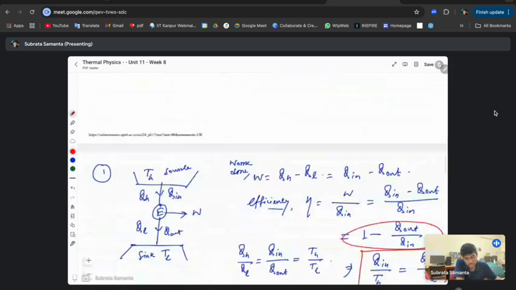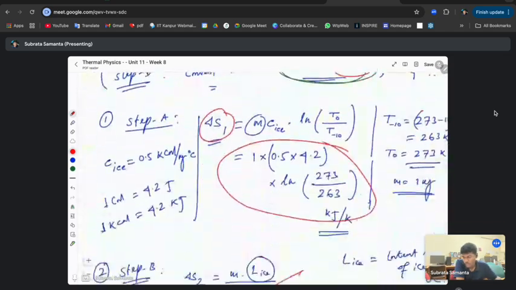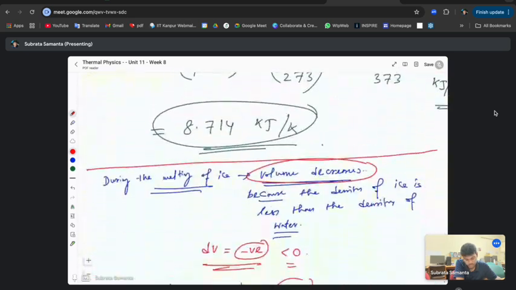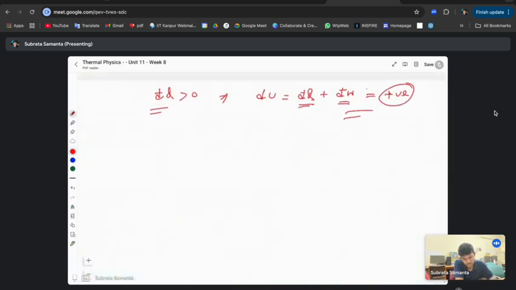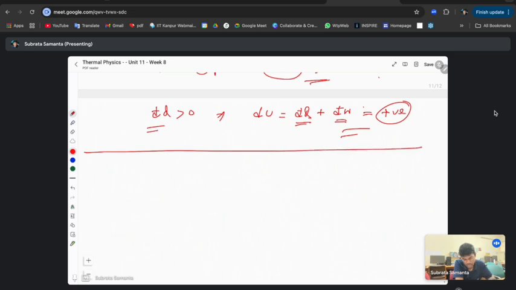So how does the refrigerator work? It's basically the opposite. If you put the work on the system, there is a high temperature bath and a low temperature bath. So this is high temperature, and this is low temperature bath.